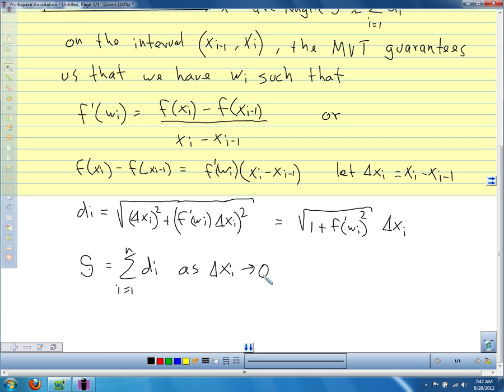So we take the sum of these little segments of arc, and as delta x sub i approaches 0, we get closer and closer and closer to that arc length. So motivated by this derivation, what we do is we define the arc length.